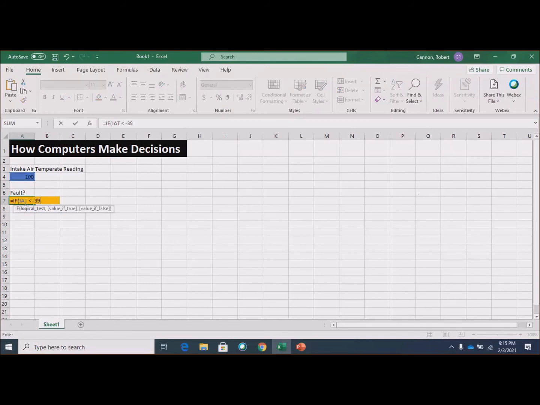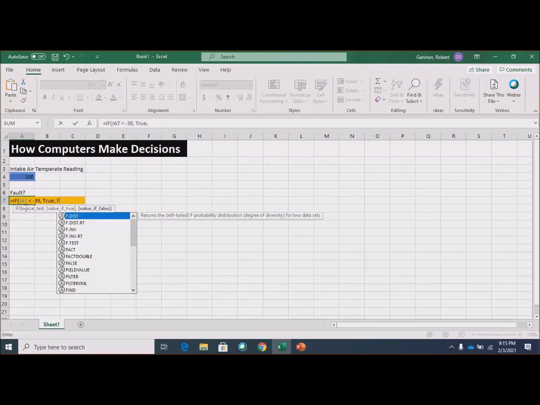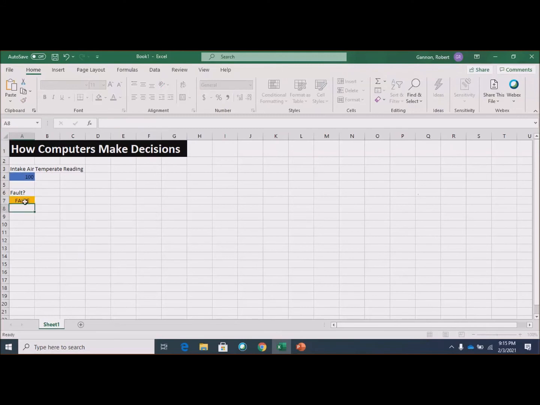We know -40 is what's going to happen. That's going to be true, and if not, it'll be false. Right now it says false. So here's what our computer is doing. It's comparing a reading, IAT, that's sitting right here, to a number, -39.